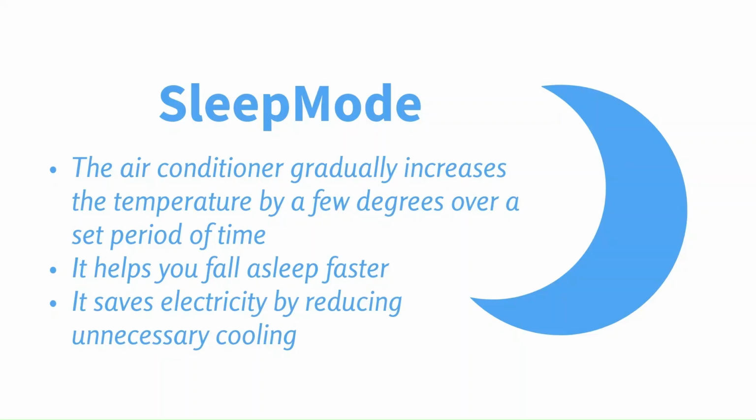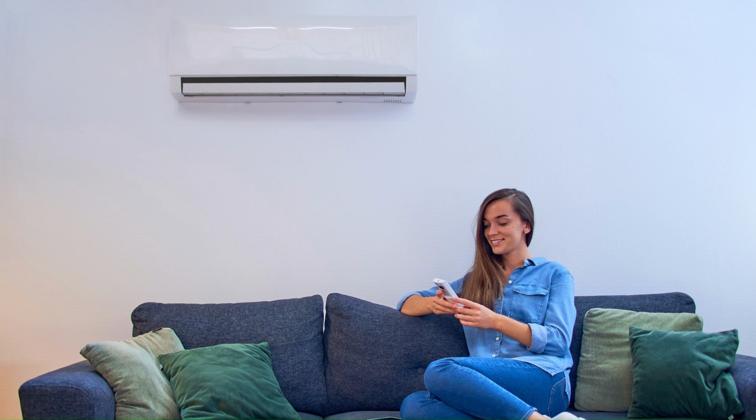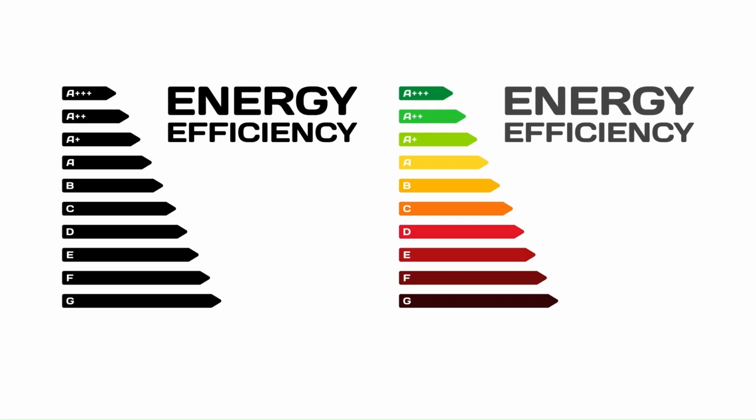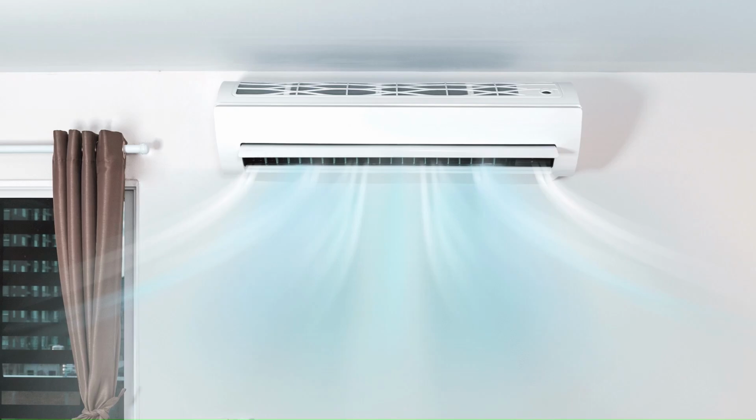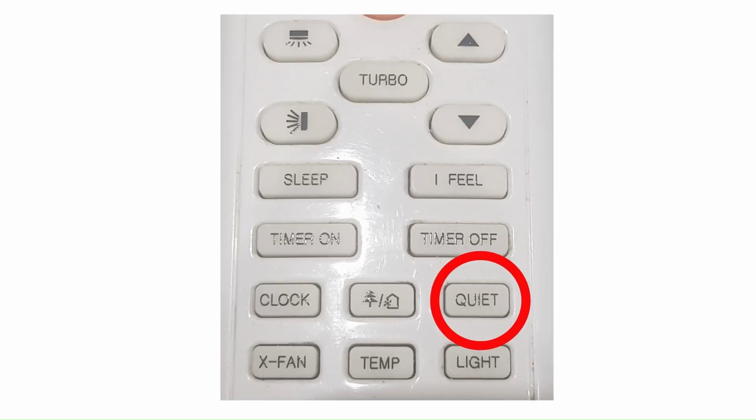In this mode, the air conditioner uses smart sensors to monitor the room's conditions, ensuring the temperature changes are smooth and comfortable. It also saves electricity by reducing unnecessary cooling, and it extends the life of your air conditioner by reducing wear from regular use.